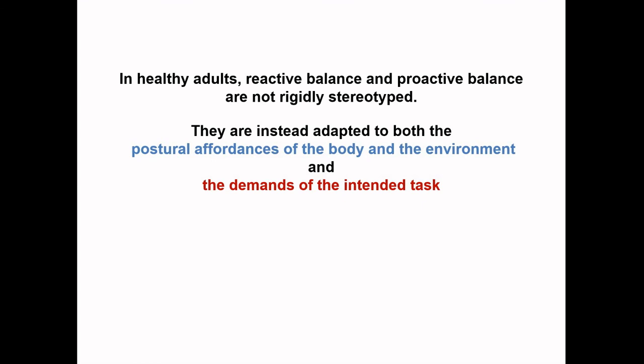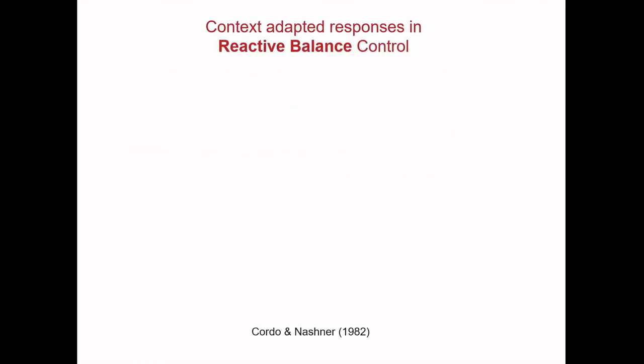If there is a railing in front of me, then we can say that the railing affords grabbing onto in order to stop myself from falling. In other words, the railing has the affordance or possibility for action of being graspable and of stabilizing balance. Let's look at an example where we can see the adaptability of both reactive and proactive balance.